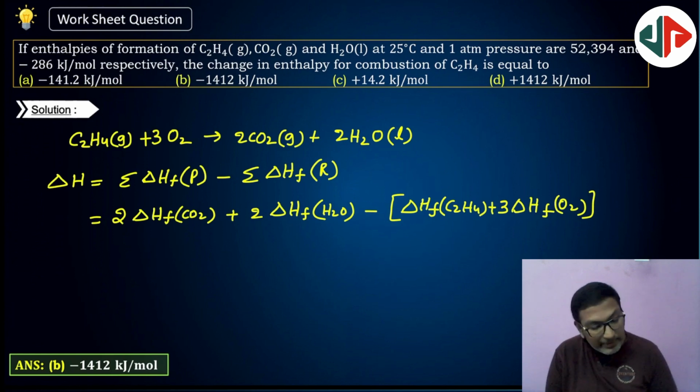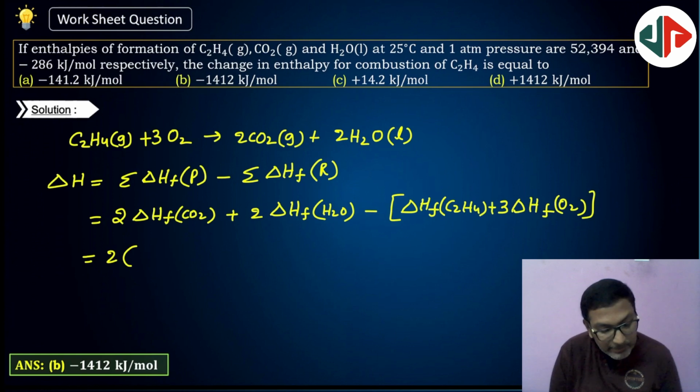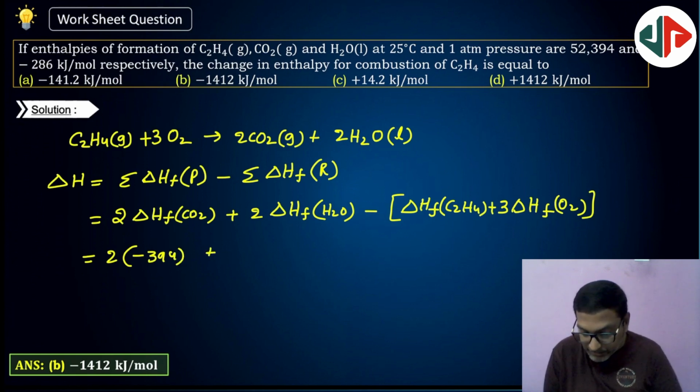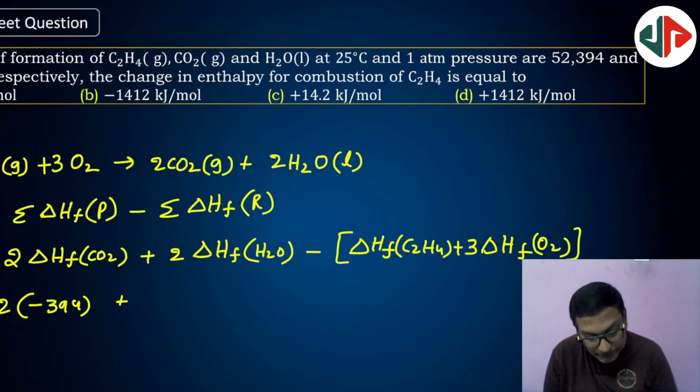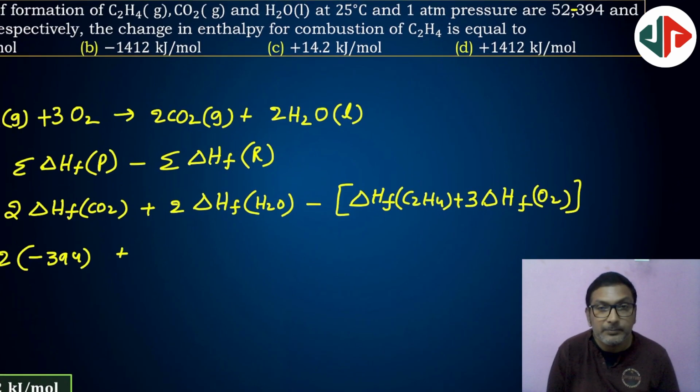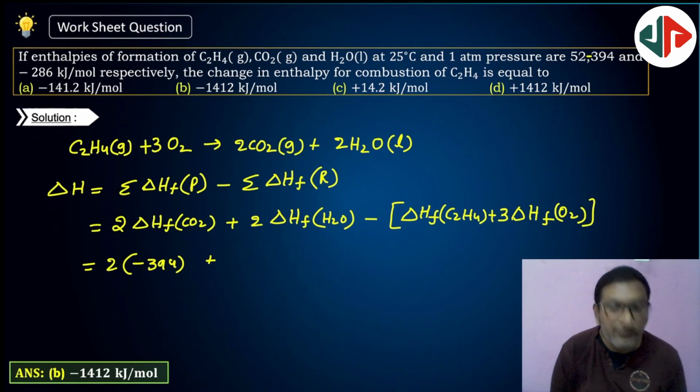So substitute the values. 2 into delta H formation of CO2 is given. So minus 394, here it should be minus 394. Minus 394. Next.